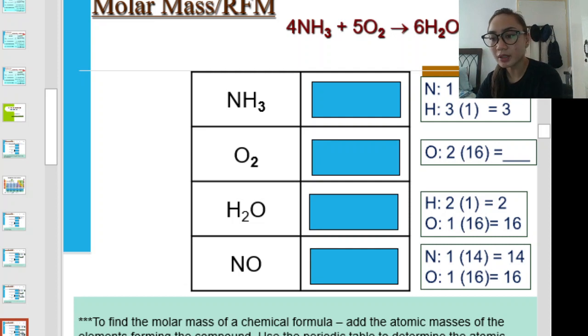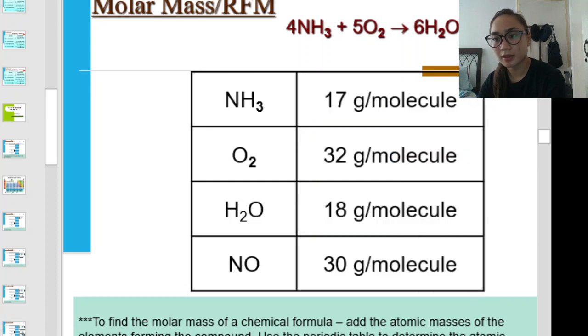Okay. So, next, we have ang nitrogen natin and oxygen. So, may 1 lang silang invisible dito. So, 1 times 14 is 14. And 1 times 16 is 16. So, 14 plus 16 is 30. Okay? So, ito yung final answers natin. The final answer is, so yung molar mass natin, no? Ito yung relative formula mass.